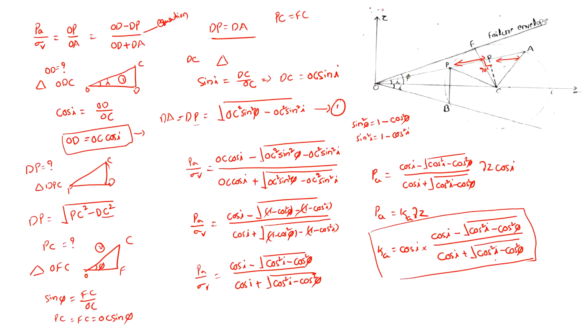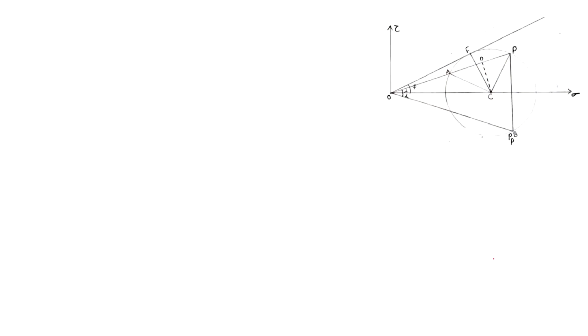And similarly, we have to calculate the coefficient of passive earth pressure when the passive condition develops. In this case, the structure is moving towards the backfill. So in this case, the stresses will increase. For that, as major principal stresses we are considering horizontal stresses, and vertical stresses we are considering as minor principal stresses.